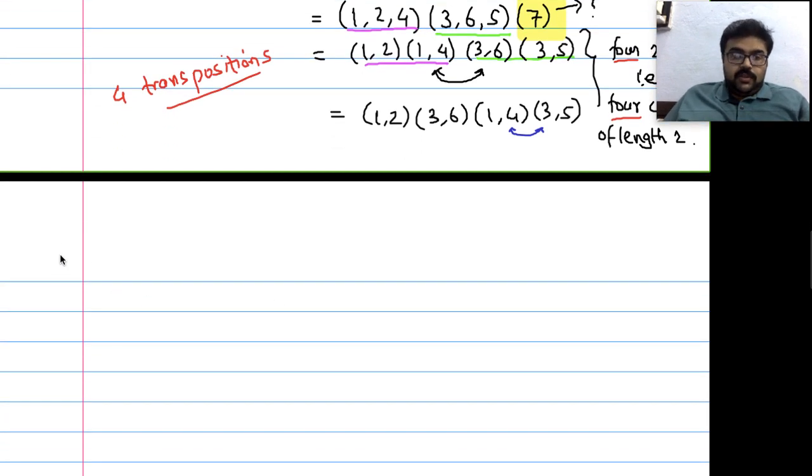So now we define what we mean by even permutation and odd permutation.